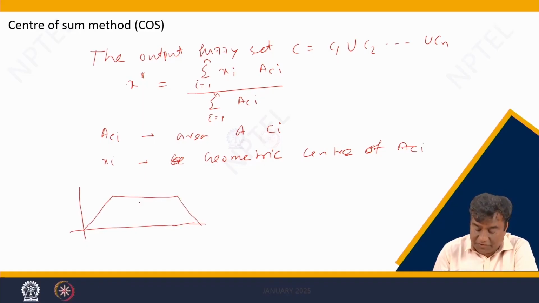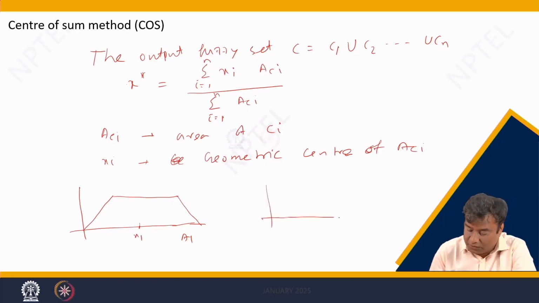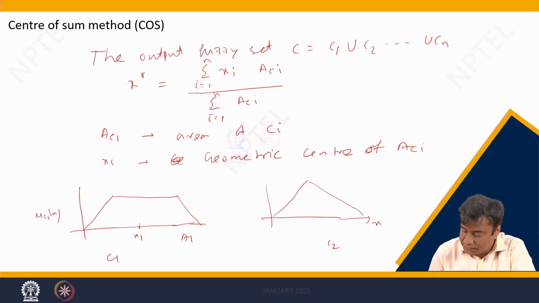Suppose this is a trapezium, so the area is A1 and the geometric center is x1. So that is C1, this is mu C1(x). That is C2, this is mu C2(x), and here the area is A2 and the center is x2.